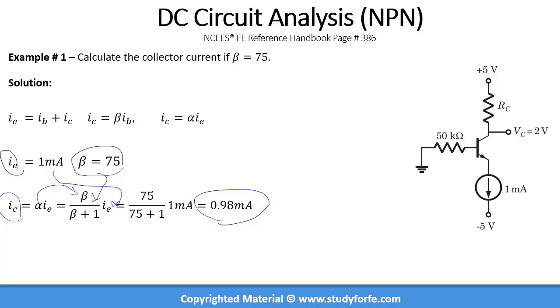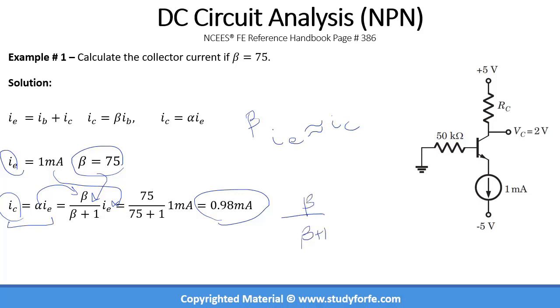Another tip that I would like to give you is that if the value of beta is fairly high, I would say higher than 50, then IE will always be almost equal to IC. The reason is that IC is equal to alpha times IE, and alpha is equal to beta divided by beta plus 1.